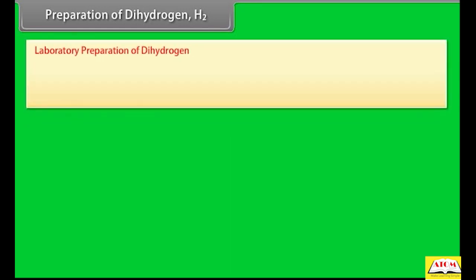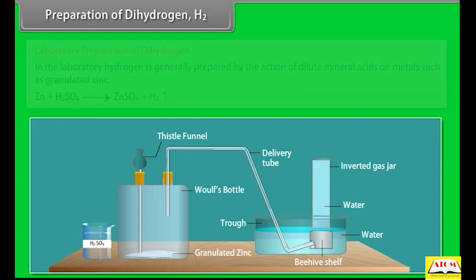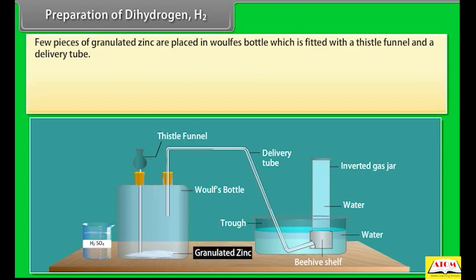Preparation of dihydrogen, H2. Laboratory preparation of dihydrogen. In the laboratory, hydrogen is generally prepared by the action of dilute mineral acids on metals such as granulated zinc. A few pieces of granulated zinc are placed in a Woulfe's bottle, which is fitted with a thistle funnel and a delivery tube.